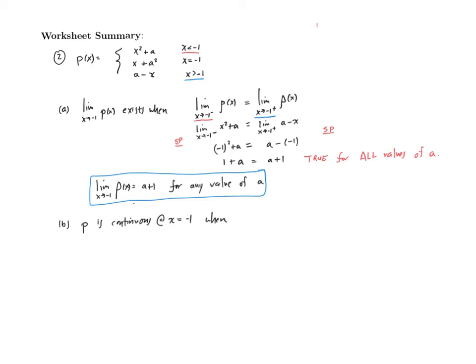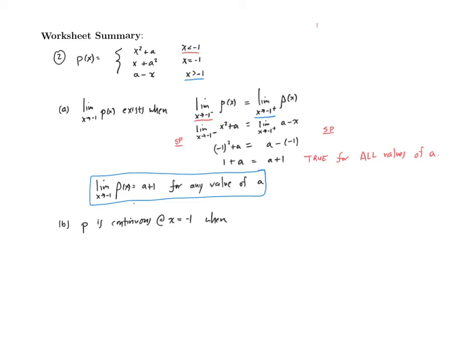And then part B of this question asks us, what are the values of a that will force p to be continuous at x equals minus 1? Well, let's just recall, what does it mean for a function to be continuous at minus 1?